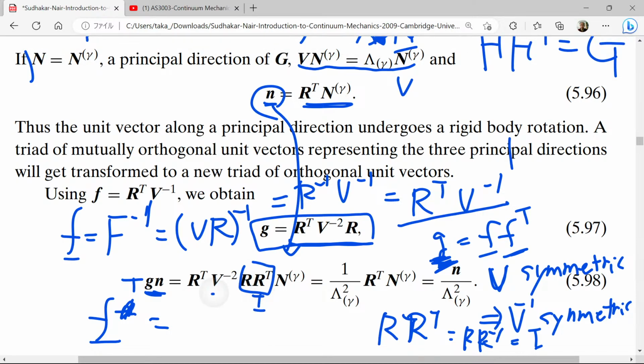So then you have V square N. And this is not so clear, but you obtain this one.